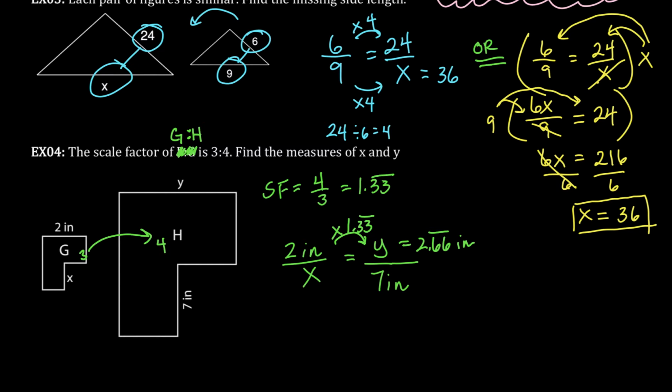And so I'll box that. And then instead of multiplying here, we're going to divide going backwards. So 7 divided by 1.33 repeating is 5.25.